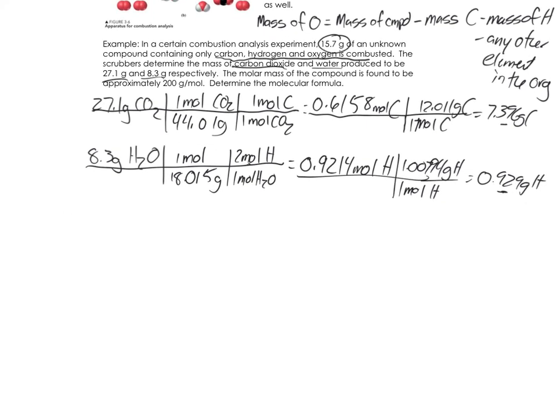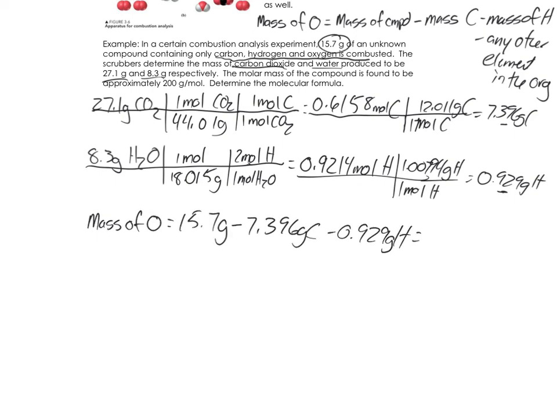So now I go and use the mass of oxygen is equal to 15.7 grams of the compound minus 7.396 grams of carbon minus 0.929 grams of hydrogen, and I end up getting 7.3. Let's see, what's the last sig fig?